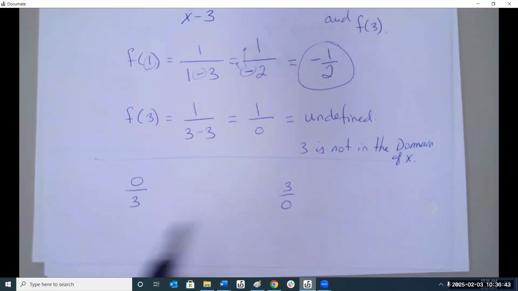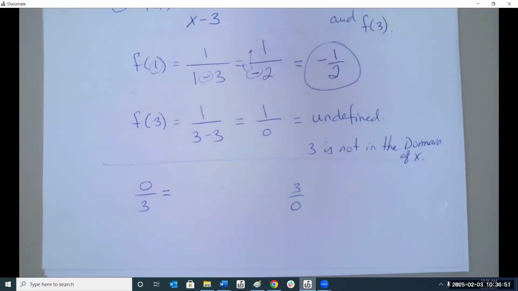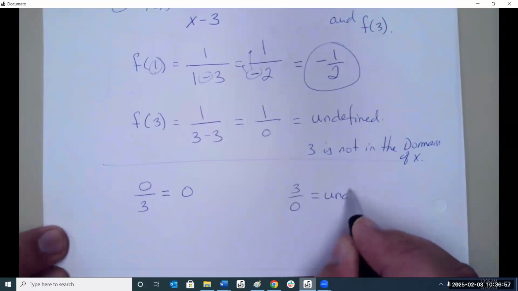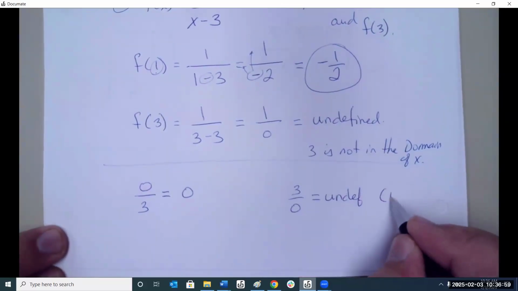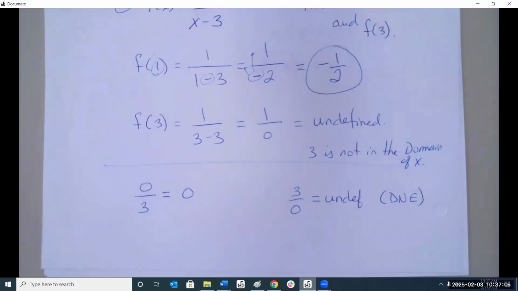This causes a lot of trouble with students. If the 0 is on top, what does that equal? If the 0 is on the bottom, I'll say it does not exist. Why is the position of 0 that important? Look at what the statement says. How many times does 3 go into 0? 0.